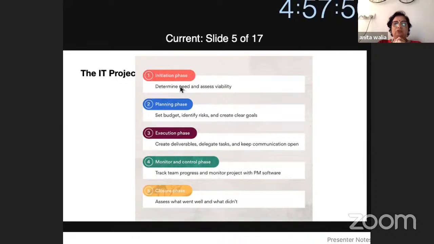Let's say a company comes to you and says, I want a system. I'll take education as the example, and I'm giving a real example. We wanted the attendance, which was taken manually.